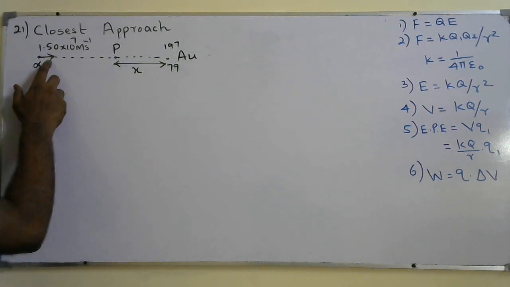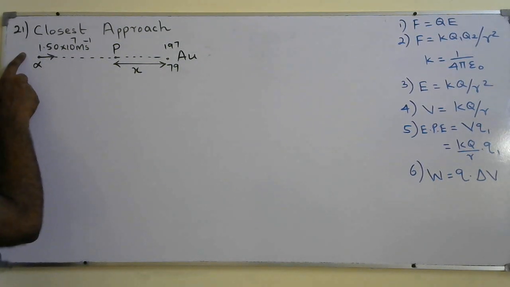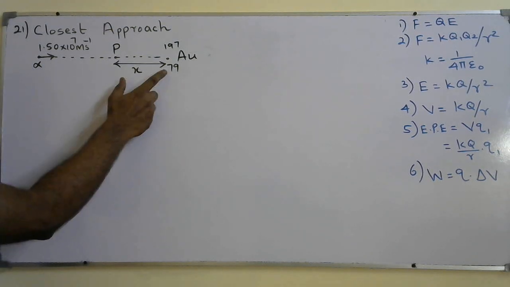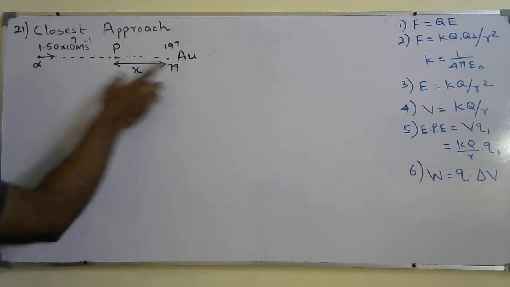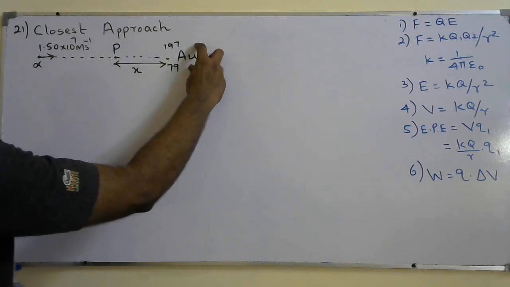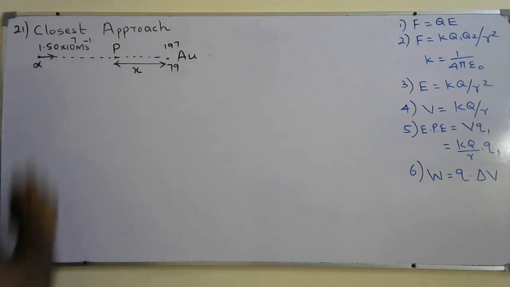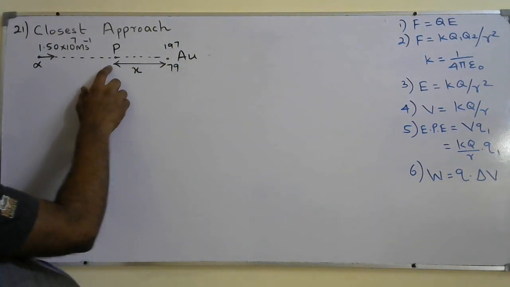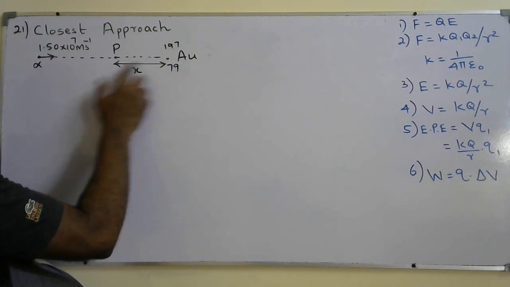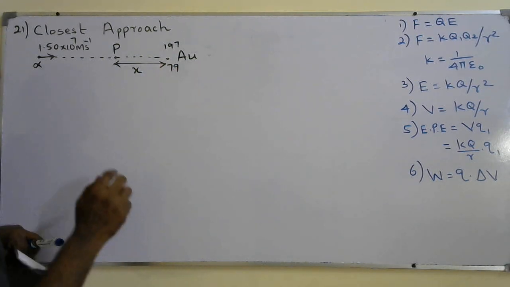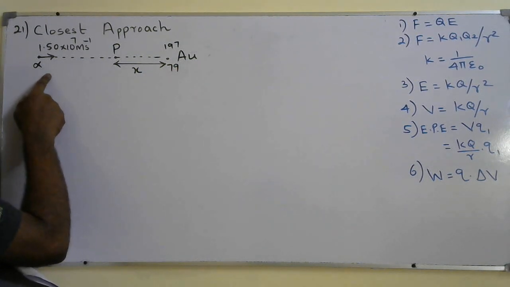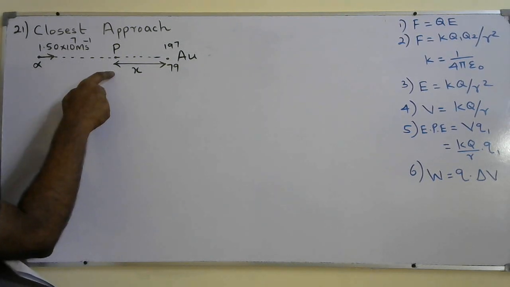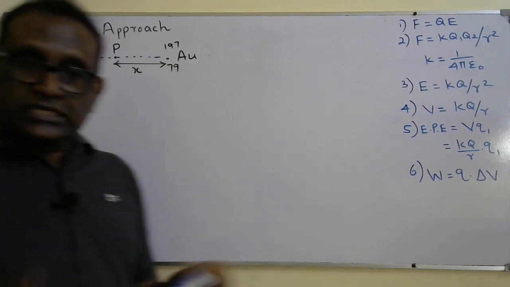Or we can say the alpha particle initially has kinetic energy. It's a positively charged particle moving from a far distance, where the electric potential of the gold nucleus at the initial point of the alpha particle is equal to 0. But at point P, there is a positive electric potential created by the gold nucleus, so the alpha particle is moving from a lower potential, which is 0, to a higher potential.